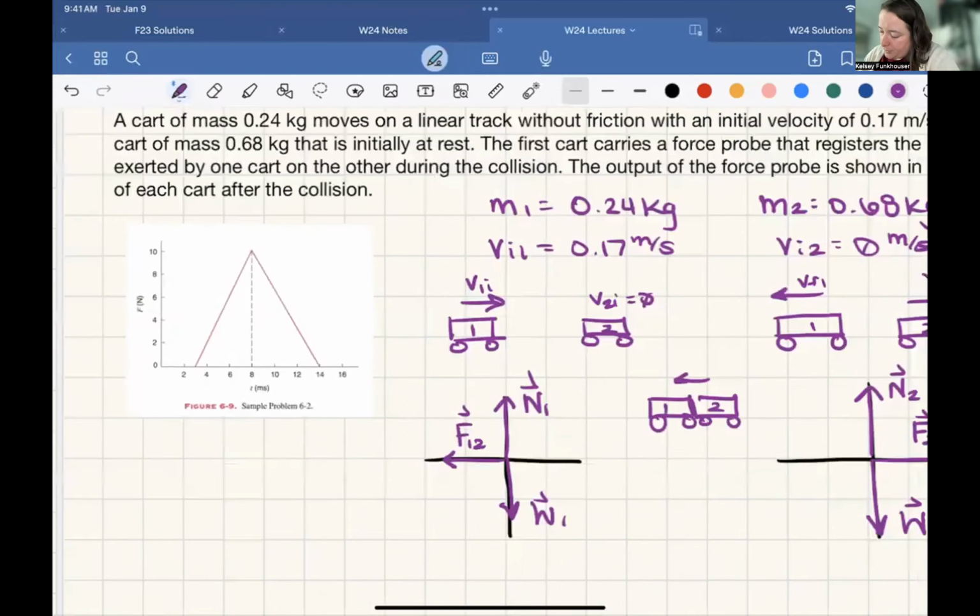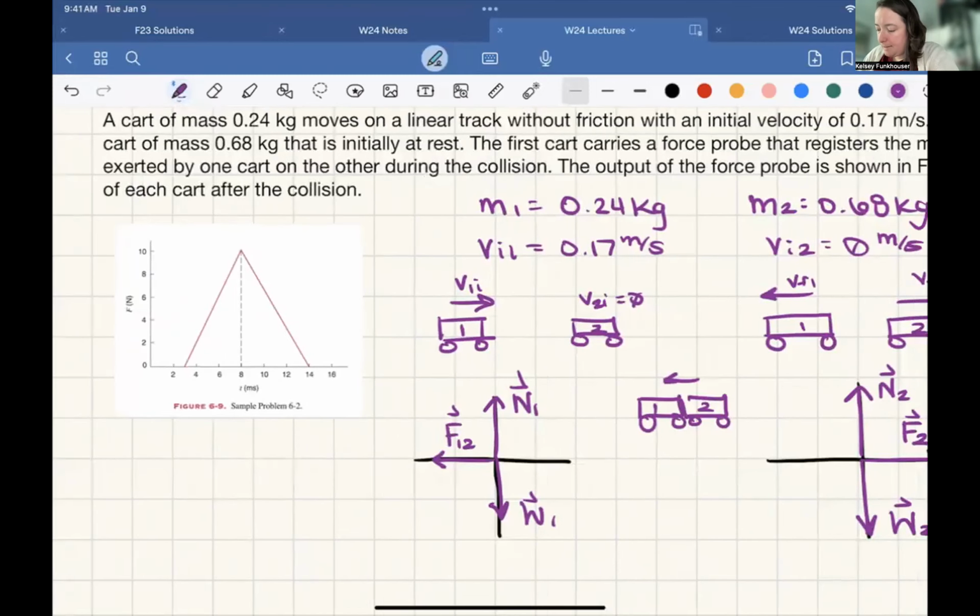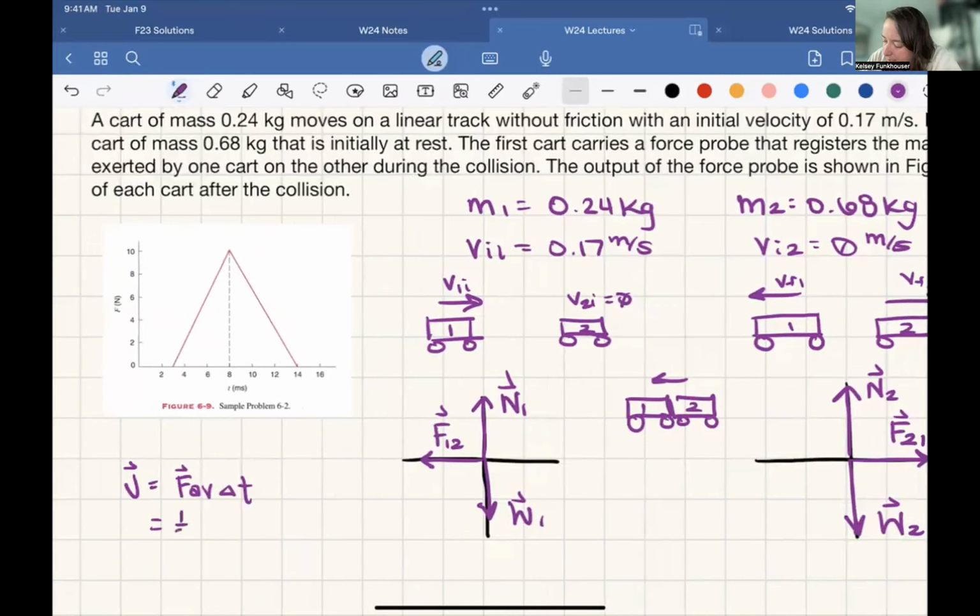And then we also have our graph here of force with respect to time in milliseconds, so we've got to be careful there. And we know that the impulse is the average force times the time interval, and it's also the area under a force versus time curve. So for a triangle, the area is just 1/2 the width times the height.